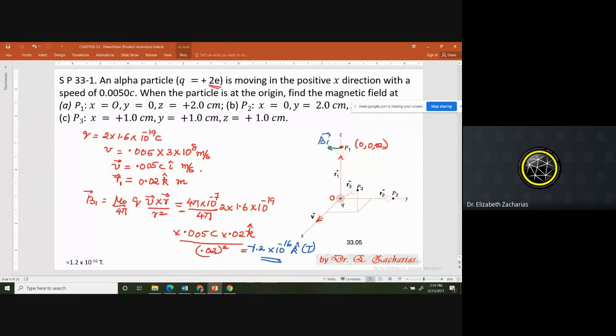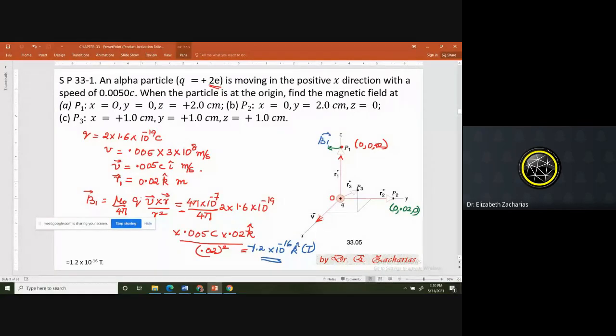Okay. Now the next part of the problem is find the magnetic field at a point P2. And where is P2? P2 is having coordinate 0, 2, 0. Where will that be? Okay? The same thing you have to do.